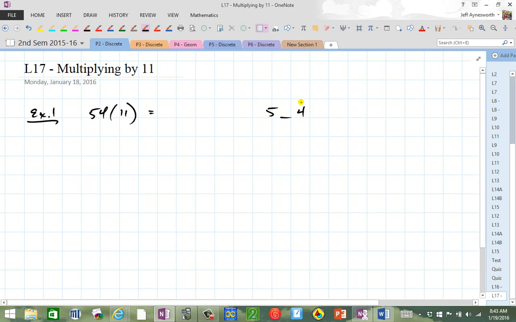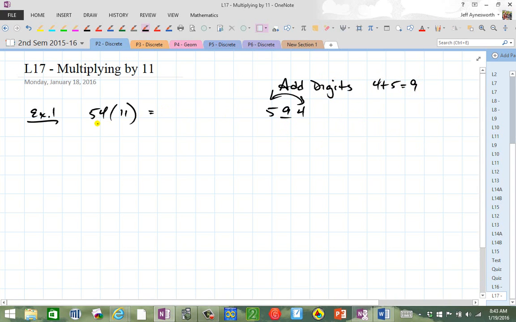Obviously 5 plus 4 is equal to 9, and so you insert the 9 in the middle, so you get 594.